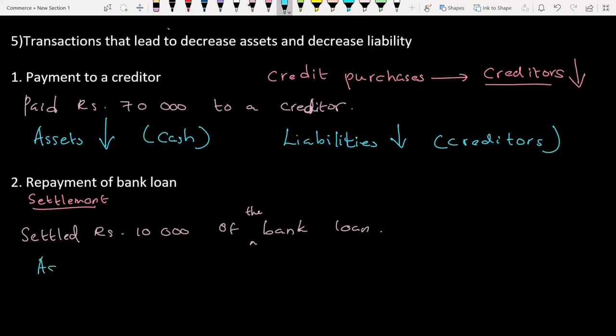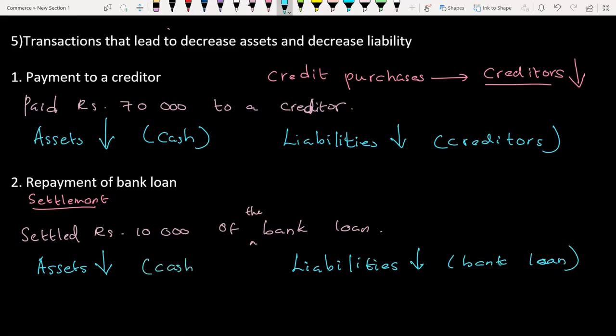Again, assets of the business reduce and liabilities of the business also reduce. What is the liability? It's a bank loan. And what is the asset? It's cash. I hope you understood how to recognize transactions by looking at the impacts of the transactions.